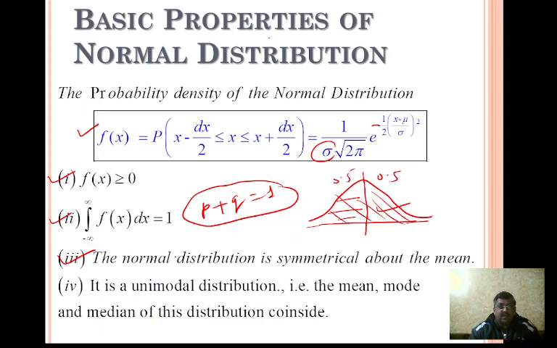So it is symmetrical about this middle point, and this middle point can be taken as mu as well. So it is symmetrical about the mean. The fourth, a very important property, is that it is a unimodal distribution. It is a unique kind of distribution where you find the mean, mode and median coincide with each other, right?